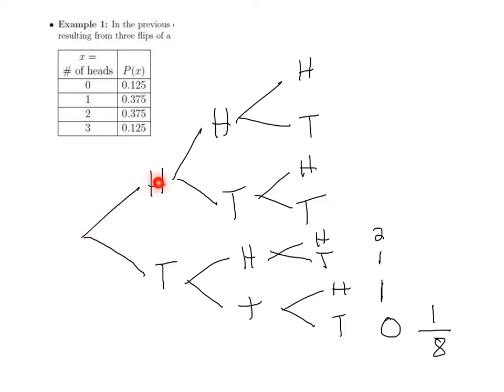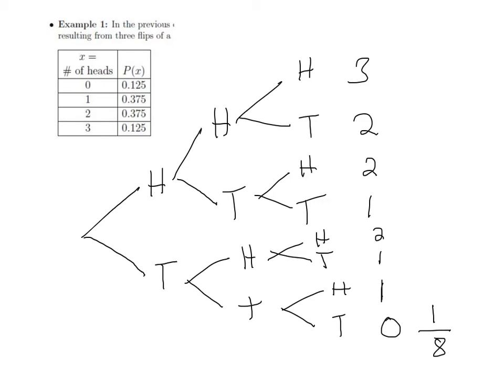And now we'll go up here, only 1 for that way. And there's 2 heads showing up in that path. Then on this path, I'm seeing 2 heads. And on the last one we haven't done, there's 3 heads.